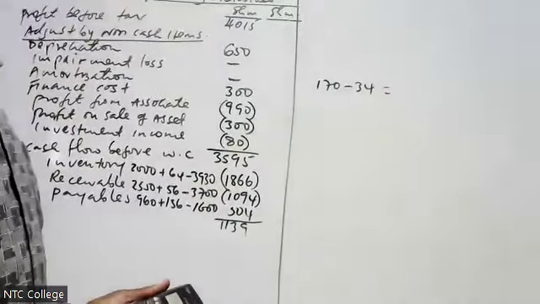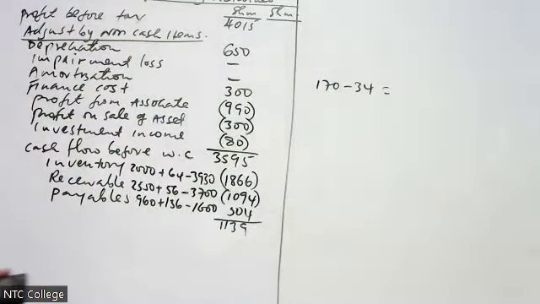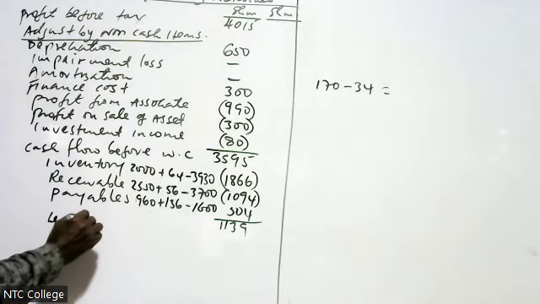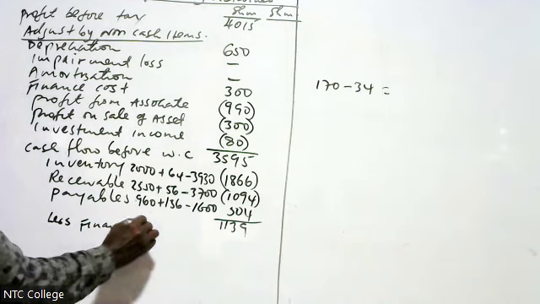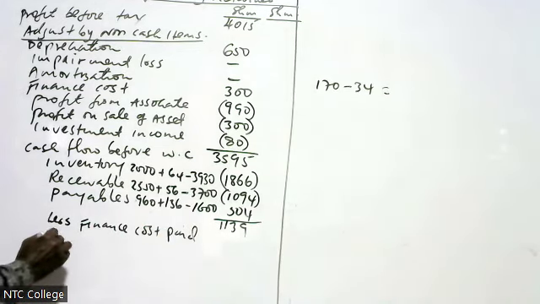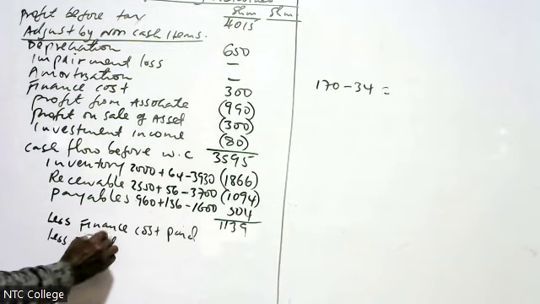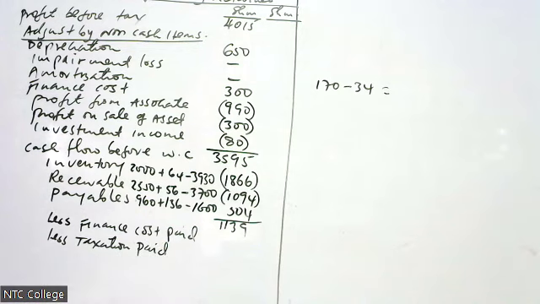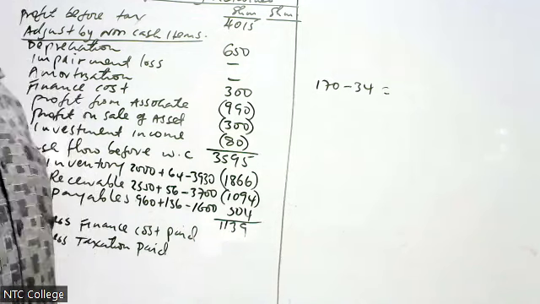I don't know if you are together with Mwalimu. Then we come to less finance cost paid. And also we come to less taxation paid. Taxation paid. We come to less taxation paid so that we get our net.